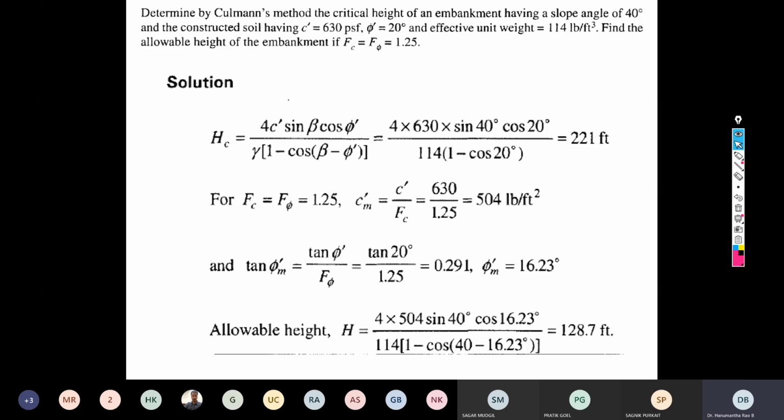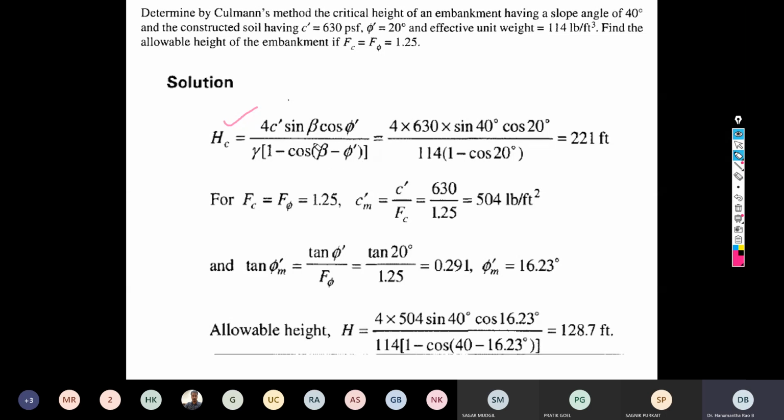So this is a simple demonstration of what I was talking about in the previous slide. The first part, part A of this sum, is to determine the critical height of the embankment. When somebody says critical height, it inherently assumes that the factor of safety corresponding to that critical height is 1. Anything becomes critical when the factor of safety is 1. So assuming the factor of safety is unity in this equation, the critical height equation is 4c dash sin beta cos phi dash by gamma into 1 minus cos of beta minus phi dash.